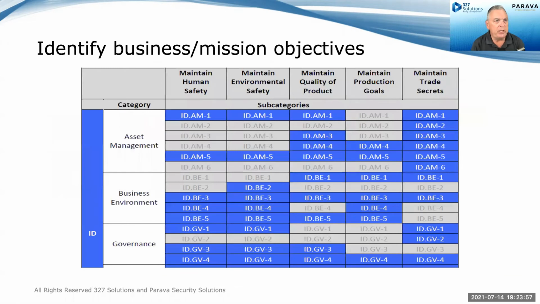So as you can see here, we're taking the identify category, and you can see from this illustration the controls and the subcategories that apply to maintaining human safety, maintaining environmental safety, maintaining the quality of the product, maintaining production goals, and maintaining trade secrets.